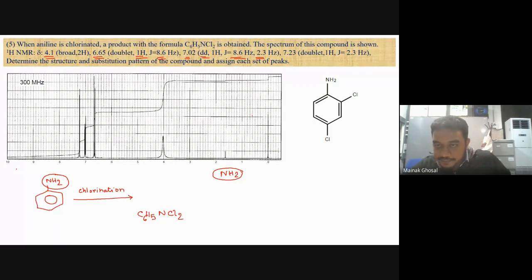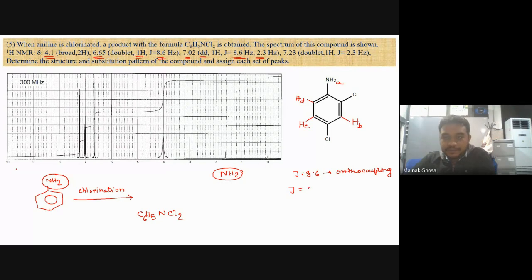In this structure, suppose I label the hydrogens HA, HB, HC, HD. A J value of 8.6, nearly 9 or 10, corresponds to ortho coupling.